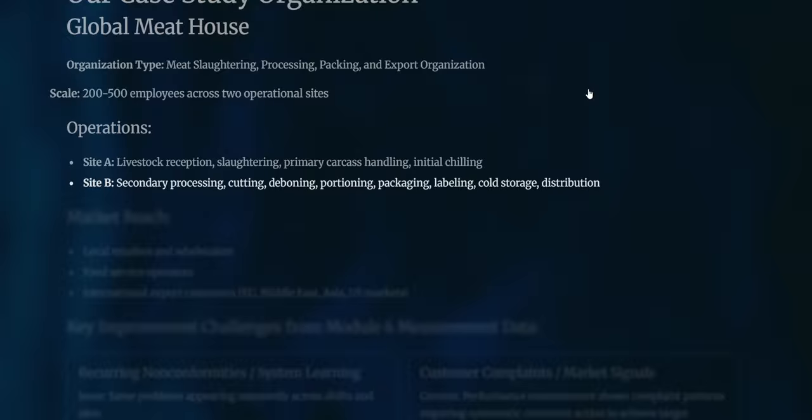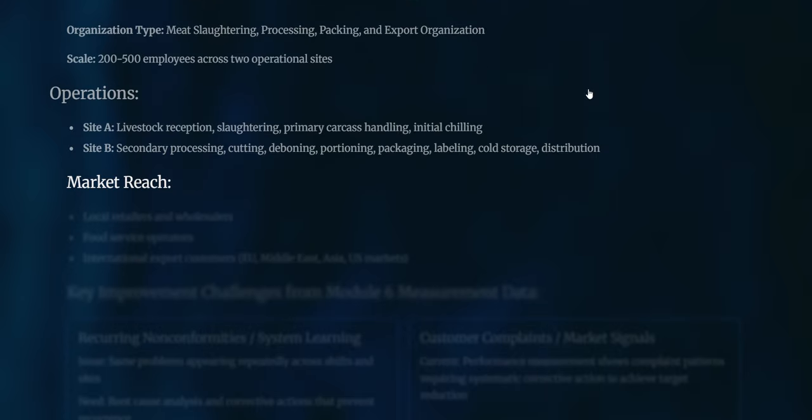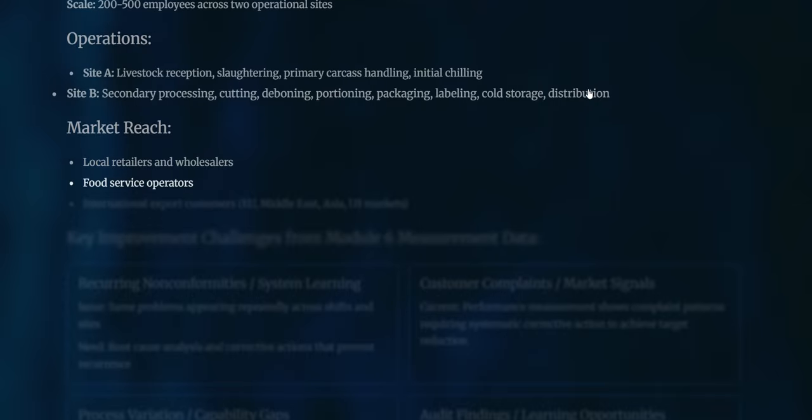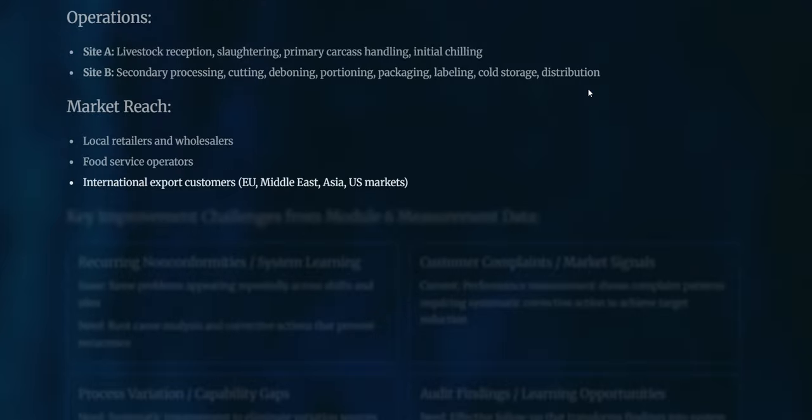In Site B, secondary processing is handled, including cutting, deboning, portioning, packing, labeling, cold storage, and distribution. The market reach for our case study company includes local retailers and wholesalers, and also food services, including restaurants, hotels, and butchers. It also includes international export customers in the EU, Middle East, Asia, and US markets.